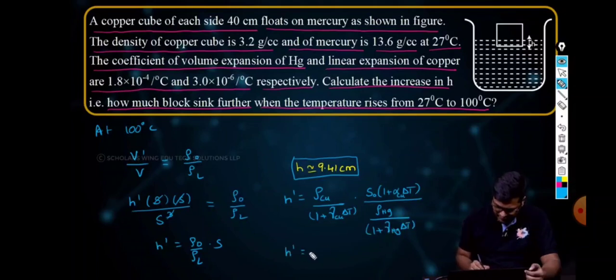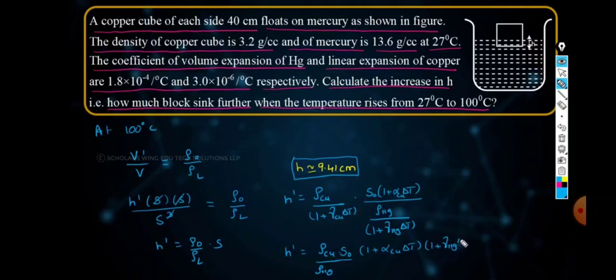So H dash is equal to density of copper by density of mercury into initial side of this cube into 1 plus alpha of copper into delta T into 1 plus gamma of mercury into delta T by 1 plus gamma of copper into delta T.